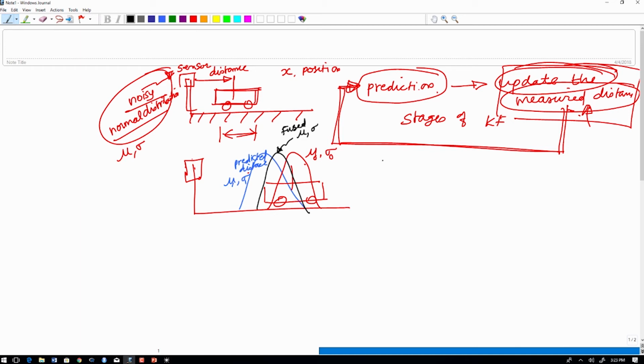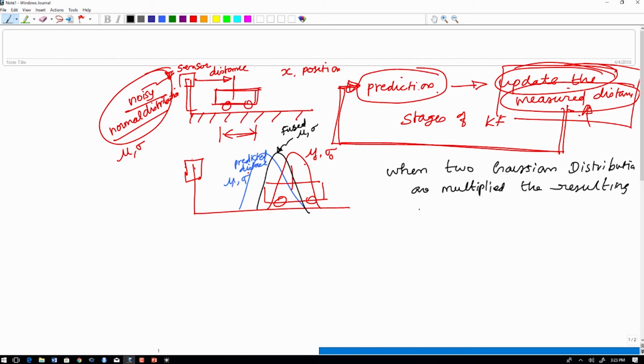This is one of the very nice properties: when two Gaussian distributions are multiplied, the resulting distribution is also a Gaussian distribution.